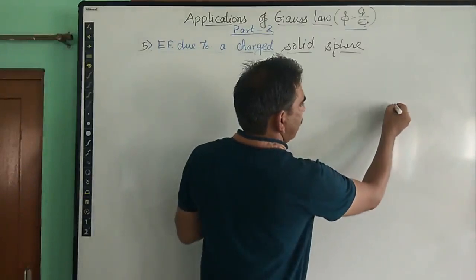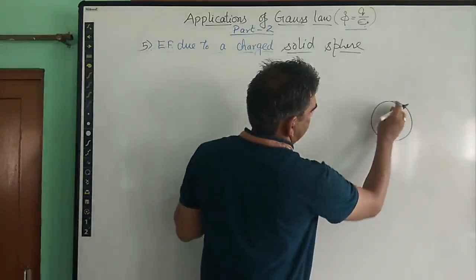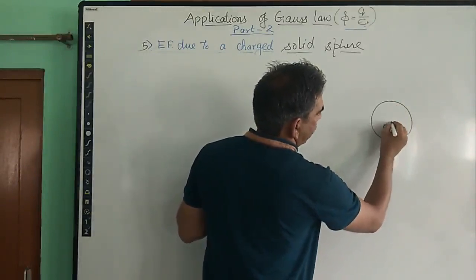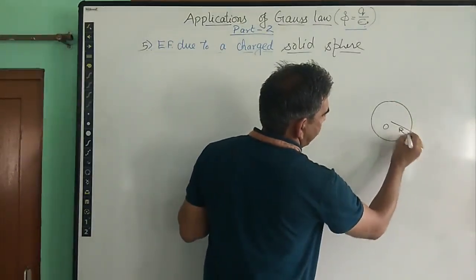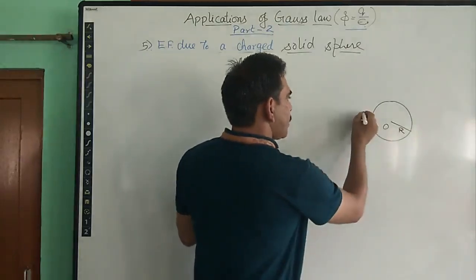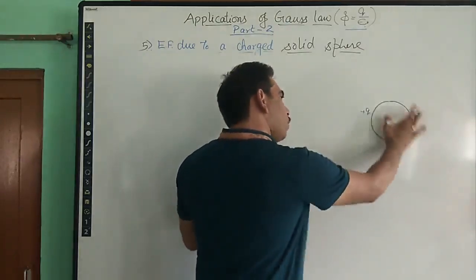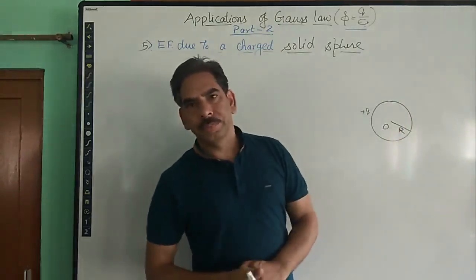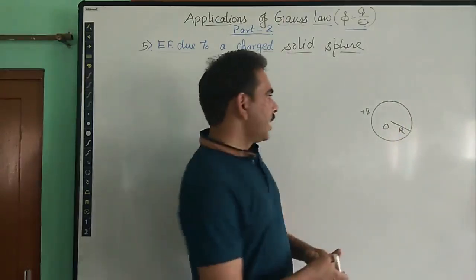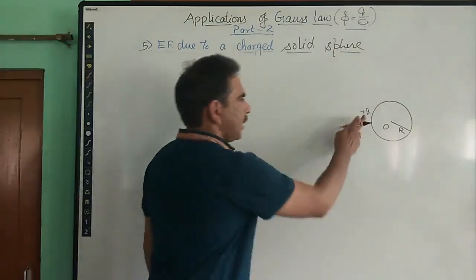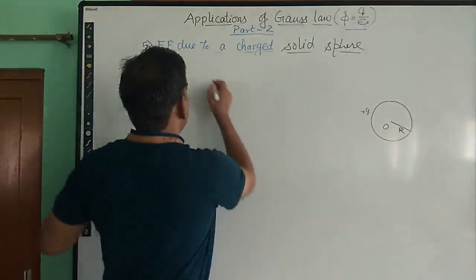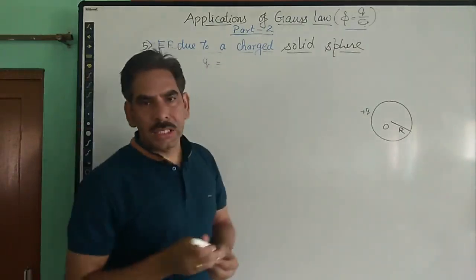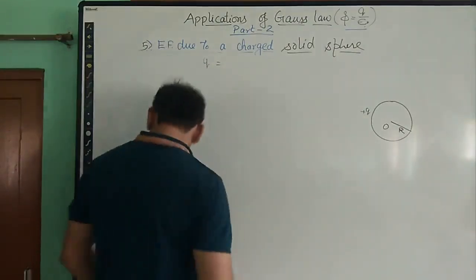shape. So here is the solid sphere with center O and radius capital R as we have taken, and charge plus Q is distributed all over the volume of this solid sphere. The first thing we do is represent this charge in terms of the volume charge density of this solid sphere.